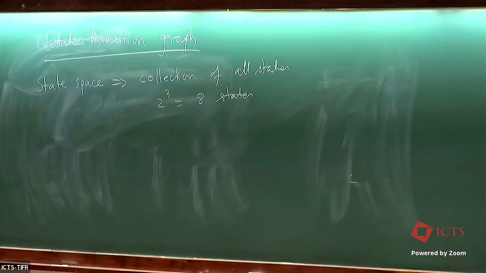And now it's a small network. I can essentially draw the entire state space very, very easily, okay?